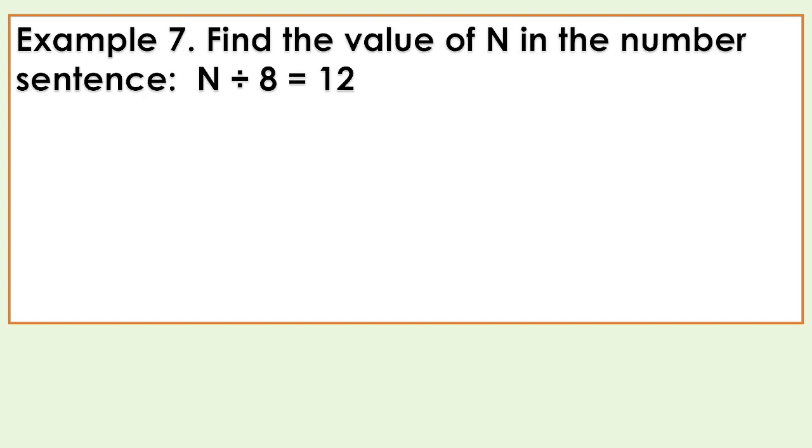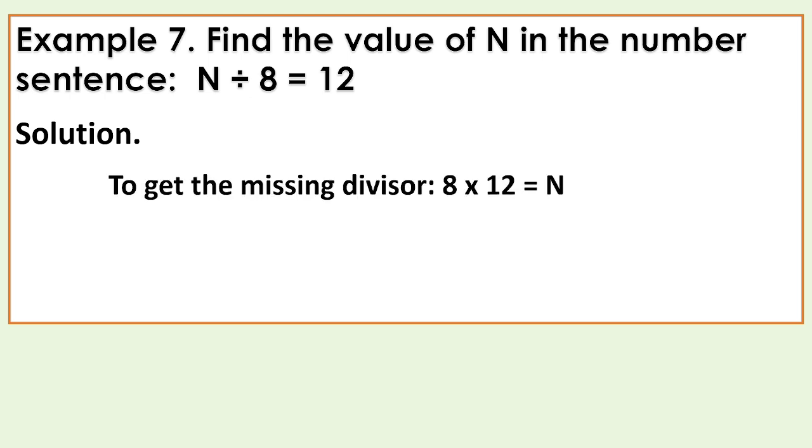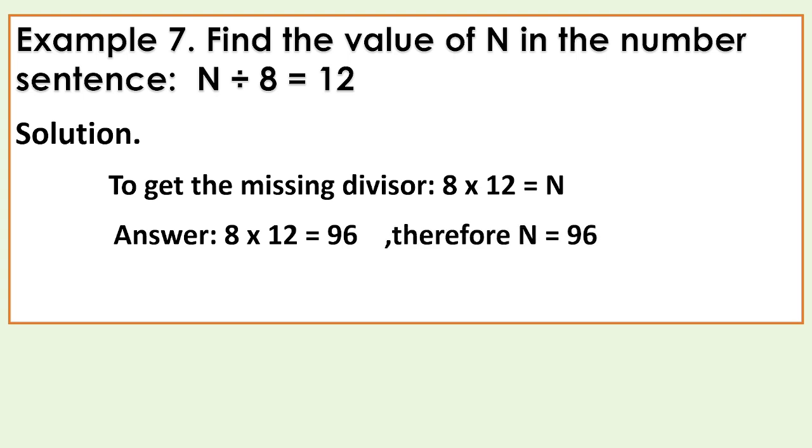Find the value of n in the number sentence. n divided by 8 equals 12. Solution. To get the missing dividend, you are going to multiply 8 times 12 equals n. So 8 times 12 equals 96, because 96 divided by 8 equals 12. Therefore, n equals 96.